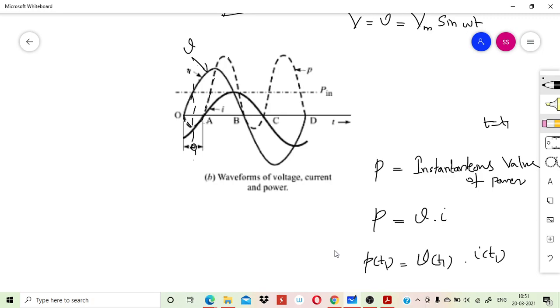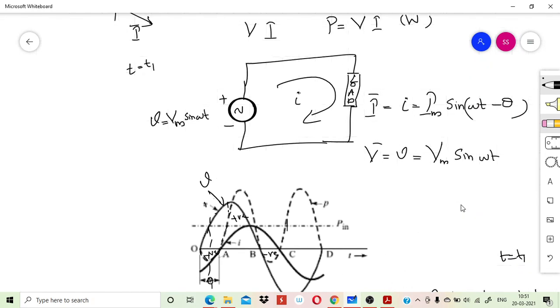Then again at this instant we have positive voltage and positive current, so positive into positive is positive, and the power will be positive. Like this we get the instantaneous value of power, that waveform. That means we have positive values for power, and we also have some negative values of power.